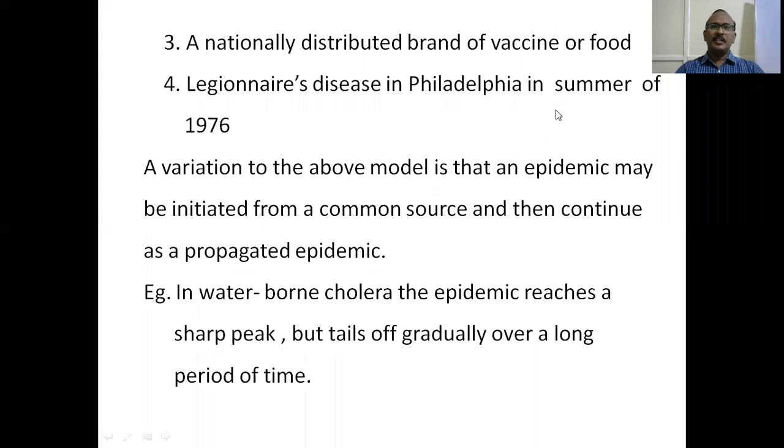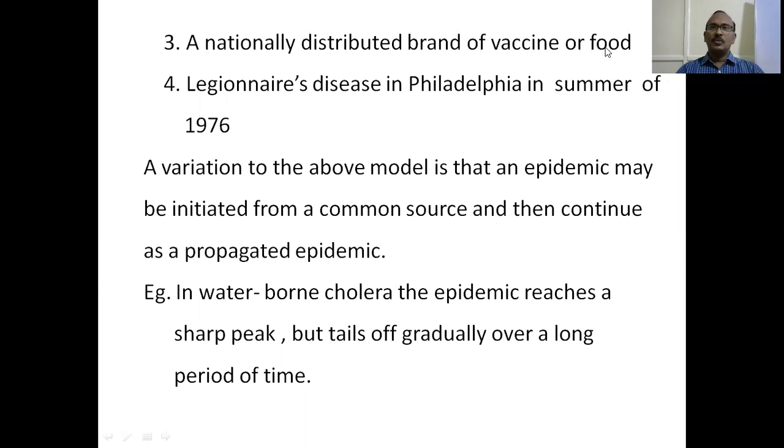Another example is a nationally distributed brand of vaccine, say polio vaccine. Suppose a polio vaccine is defective, or has some source of contamination. It can affect children who have taken this vaccine in a particular geographical area. Or it can be a food consumed by people in a particular geographical area.